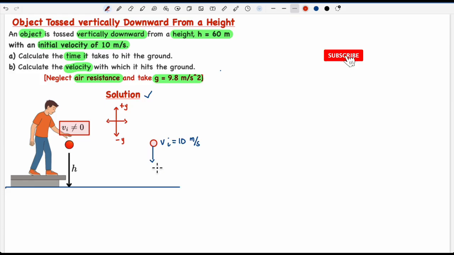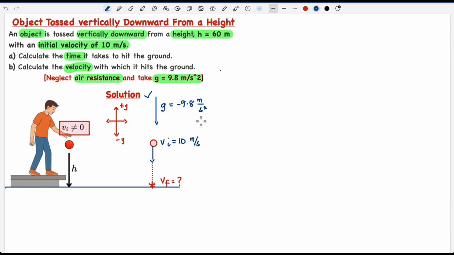However, this object is going to fall down until it hits the ground, and at the point where it hits the ground, it does so with some final velocity VF, which we are to find in the second part of this problem. Another thing we need to note is that acceleration of free fall G is given to us as 9.8 meters per second squared, and this acceleration is pointing downwards, and that makes it negative 9.8 meters per second squared.